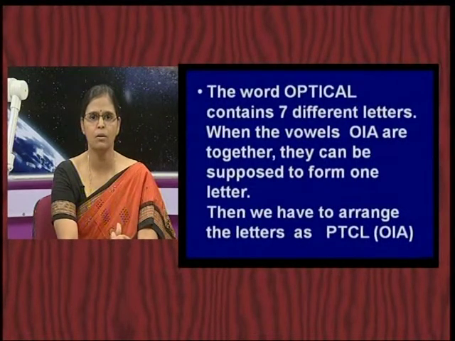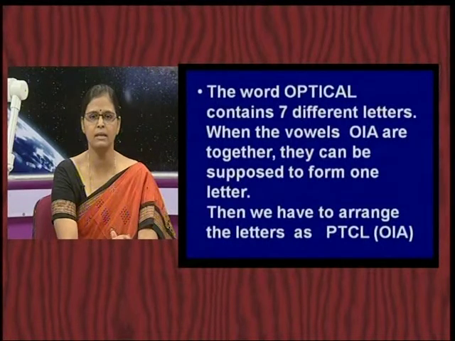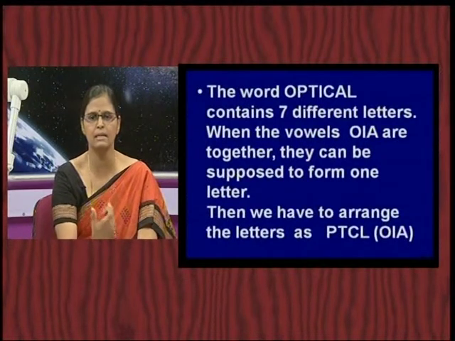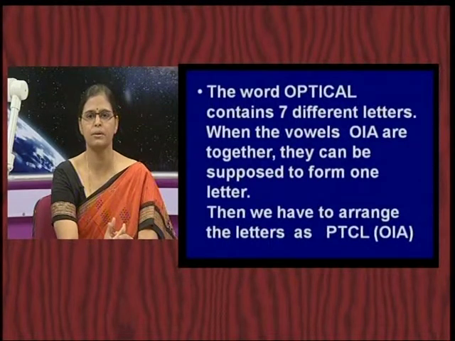Among these, the vowels are O, I, A. If they are to be together, you suppose that it is one letter. Then we have to arrange the letters P, T, C, L and the single letter O, I, A. So, that is how you are going to arrange.